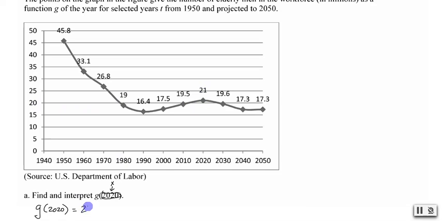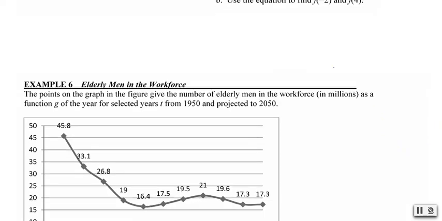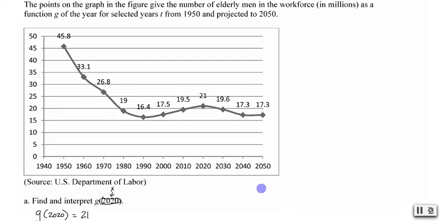So 21. It's not enough to find it, we have to interpret it. When we say interpret it, it means in the terms of this problem. So don't just give me numbers. You want to use the language that's already there in the problem.